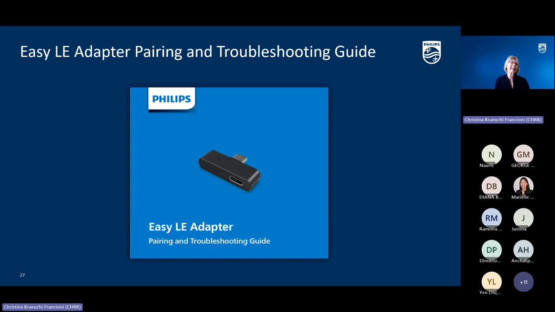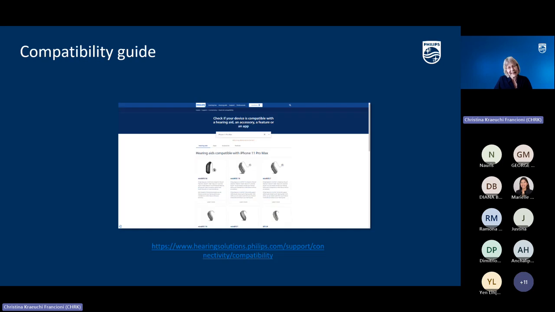With a few steps, it explains again how to connect it, and it also mentions a number of questions which could arise when you use the EasyLi adapter. So you will get this document together with all the information of this webinar later on. And then, of course, what I just mentioned before, check out the compatibility guide to see what devices are compatible.